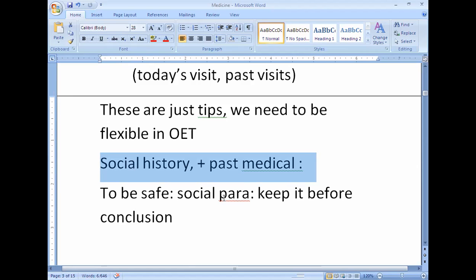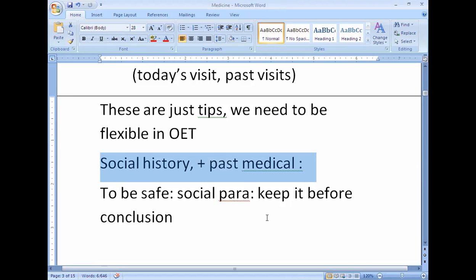If the social history and the past medical history are relevant to their recent medical condition, if they are related with the patient's recent medical condition. Talk a bit louder, please, people will be hearing us later.